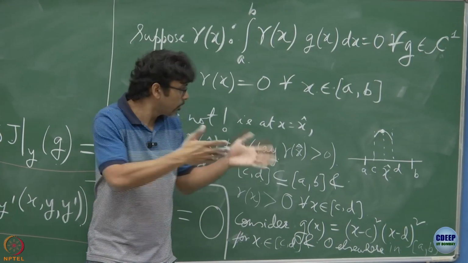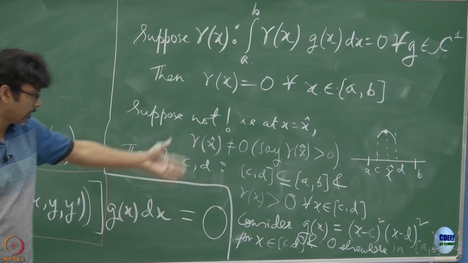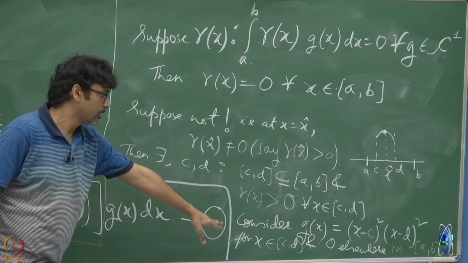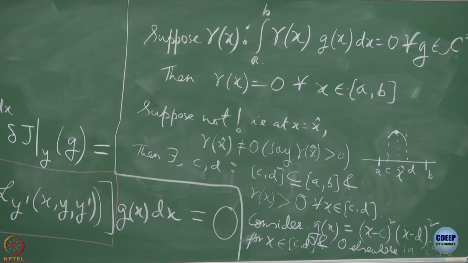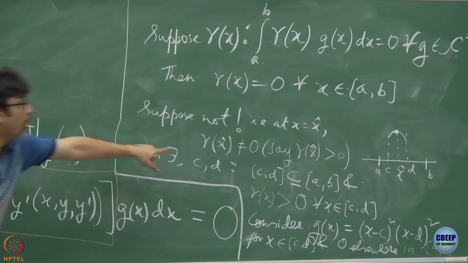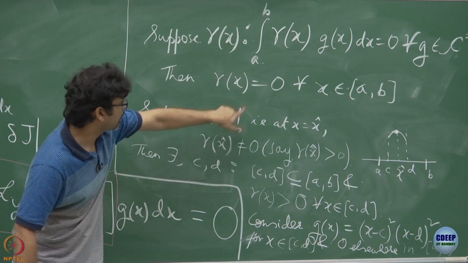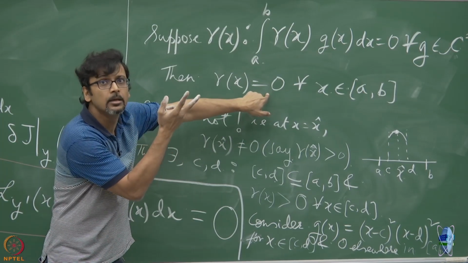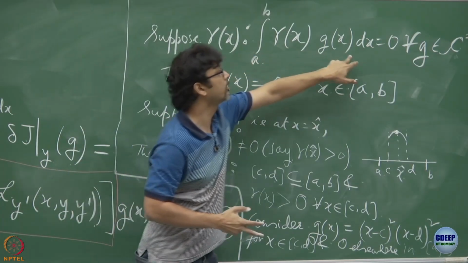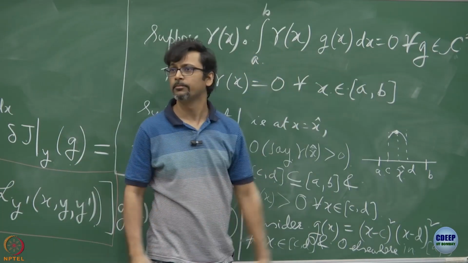You can write that down in your own words here. The basic calculation or the basic choices have been already laid out here. The remainder of the proof is just about arguing that with this choice of a continuously differentiable g, such a gamma which suddenly showed a non-zero value at some point in the interval a to b could not have led to a zero integral or met this condition.